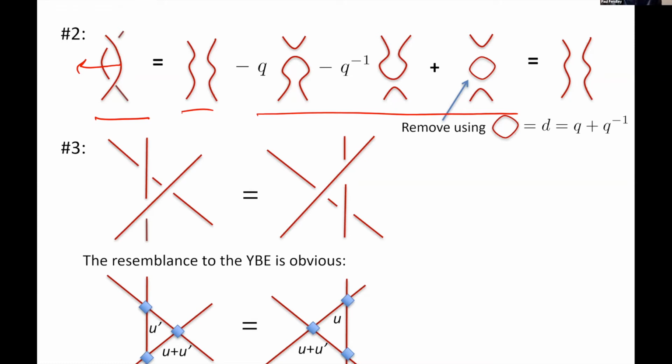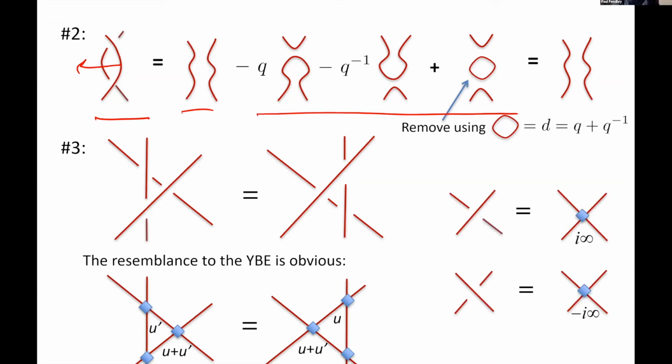But the resemblance is obvious, and in fact, back in the day, people observed, including for the loop case I've shown you, that you can obtain a solution of this braid group relation, the third Reidemeister move, by taking a limit of the weights. And it turns out it's plus and minus i infinity in the conventions for U that I use.